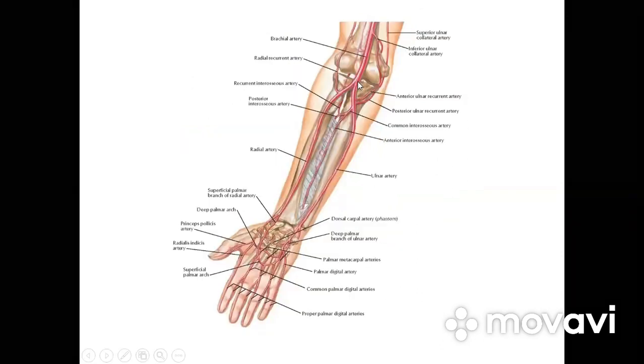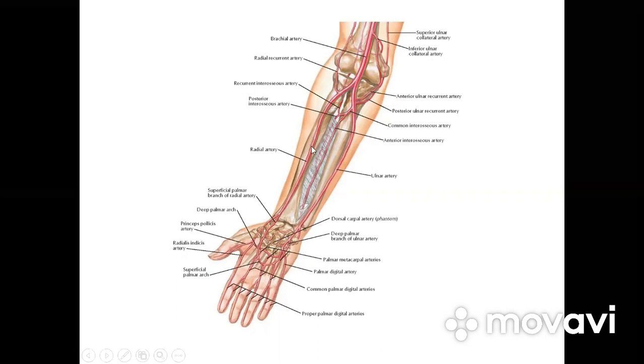The brachial artery divides into branches: the radial artery, arteria radialis, and the ulnar artery, arteria ulnaris. At first we will talk about the radial artery. The artery continues downward, lying between the anterior group of muscles of the forearm, in the canal of the same name.